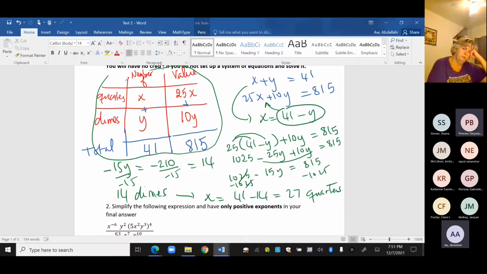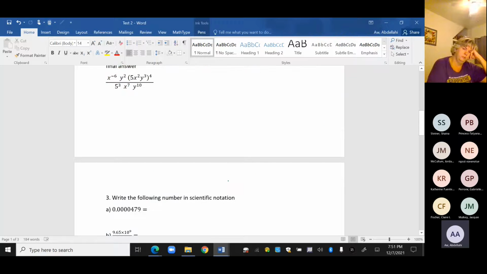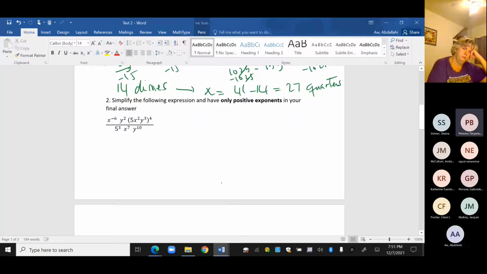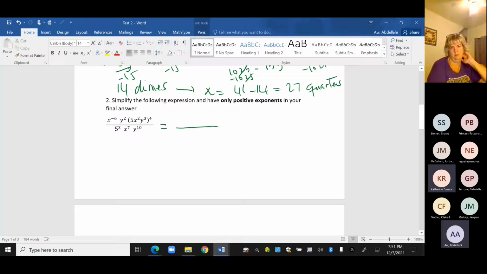Okay. So now in the next chapter, chapter 3, we came across exponents. I hate them. Me too, I hate this stuff. So you have to remember how to move the exponents to make them positive, and also how to combine them.